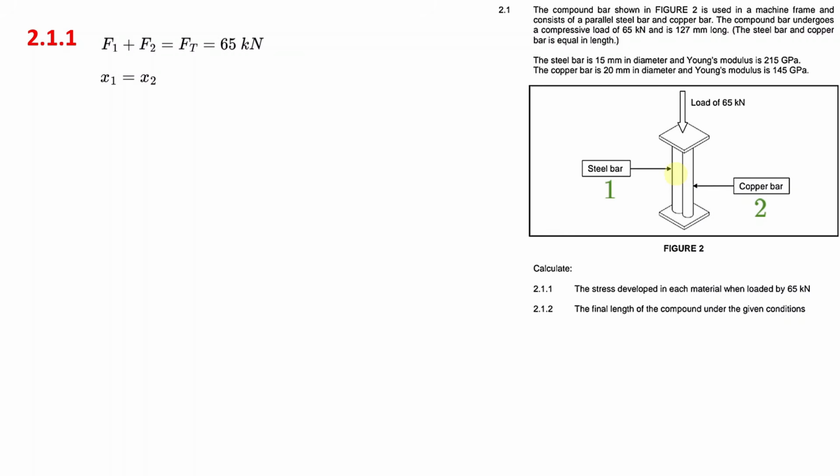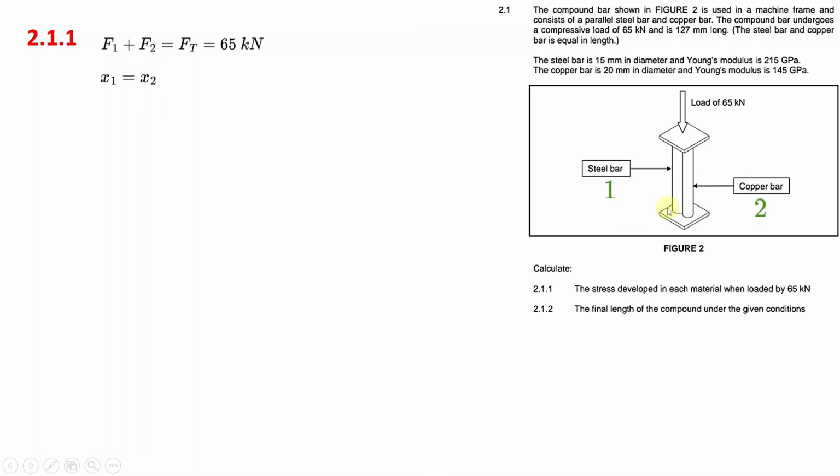They have the same initial length, and so when the load compresses them, they will both compress by the same amount. So the shortening of the steel, which is X1, will be equal to the shortening of the copper bar, which is X2.